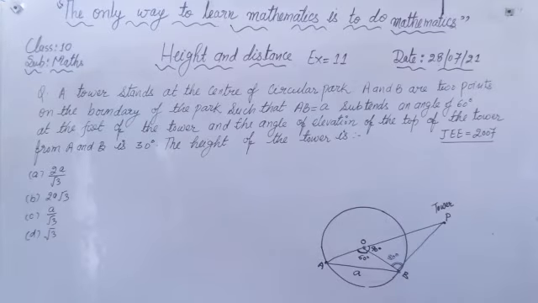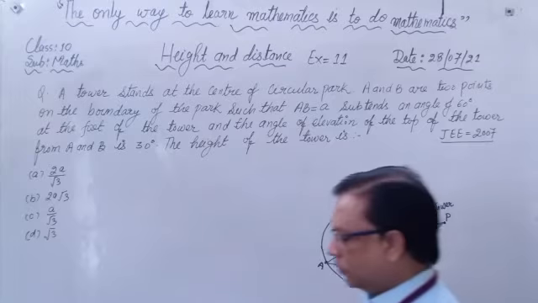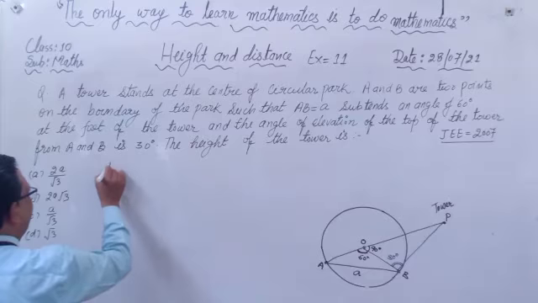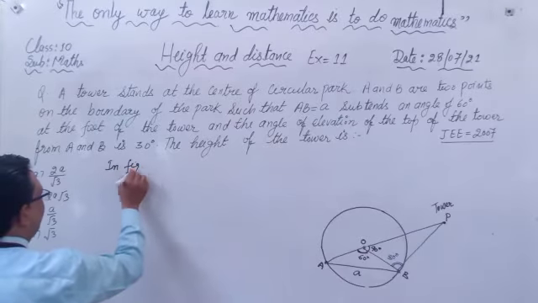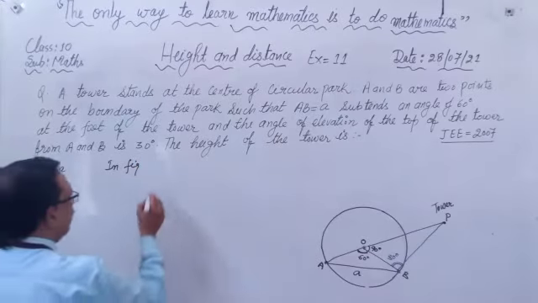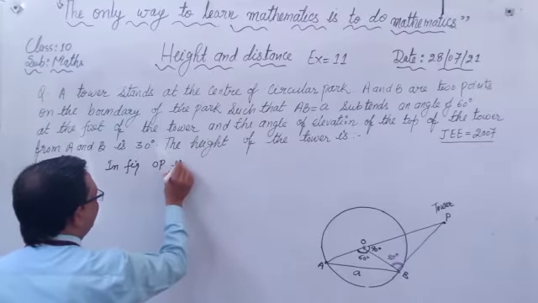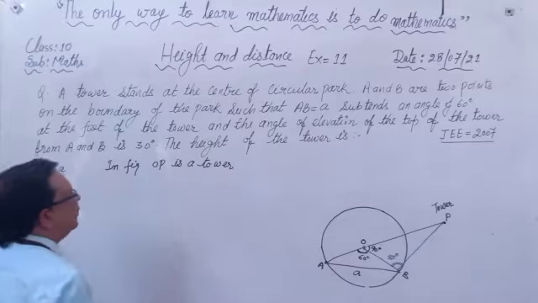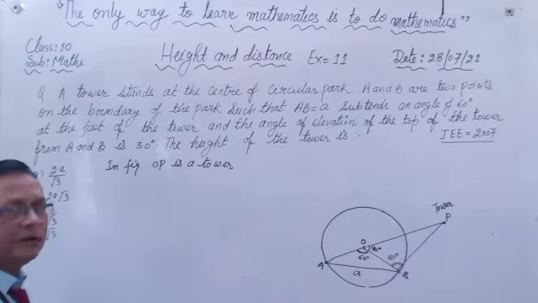Let us write the description of the figure. In the figure, OP is a tower. OP टावर की हाइट कंसीडर कर लेते हैं.